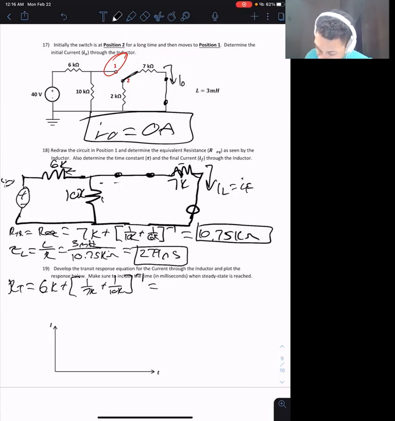And that's 10.1. And then you would use that to find total current, IT. And that's going to be 40 over 10.1.